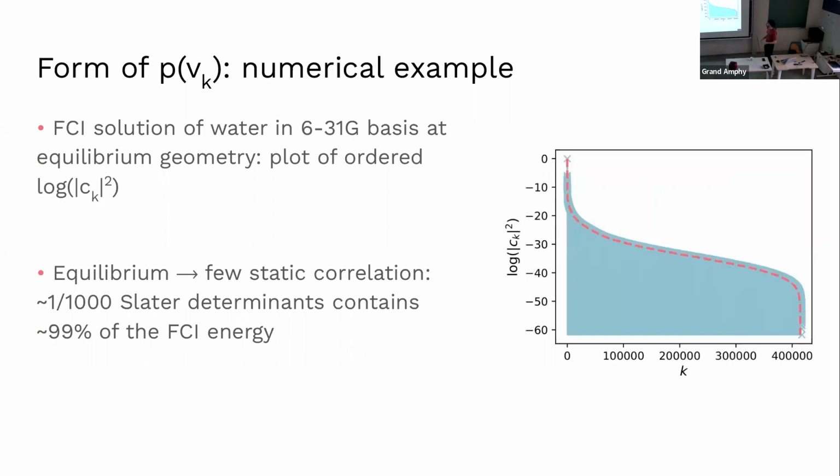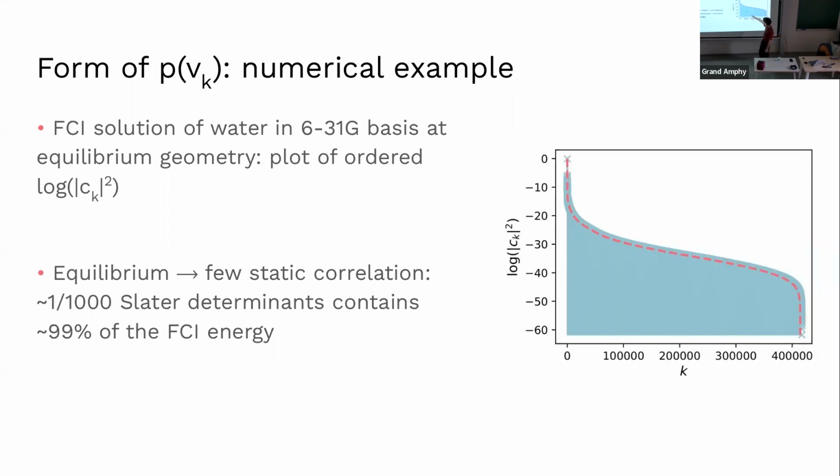So here I want to show, this figure is extracted from the full CI solution of the water molecule in the 6-31G basis set at equilibrium geometry. So I take the full CI solution and I order every coefficient in the expansion by the absolute value, and I plot it in a logarithmic scale.